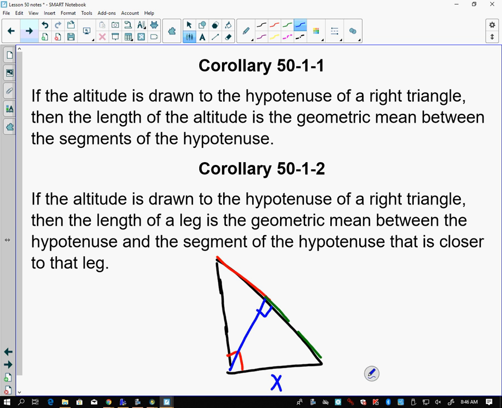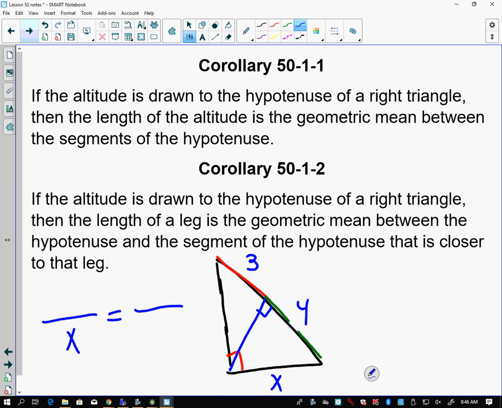There are 2 legs to any right triangle, correct? So I could use the bottom one over here, or I could use the one up the side. We're going to use the one at the bottom for now, and that's going to be the geometric mean between the hypotenuse and the segment of the hypotenuse that's closer to that leg. So let's use 3 and 4 again, and let's look at how to use geometric mean to solve for this.